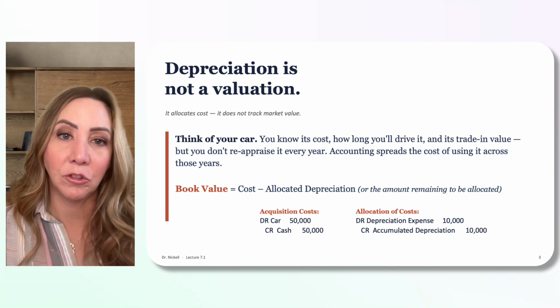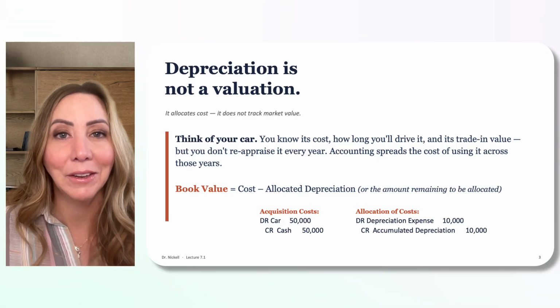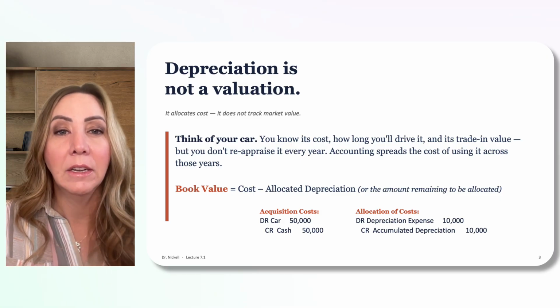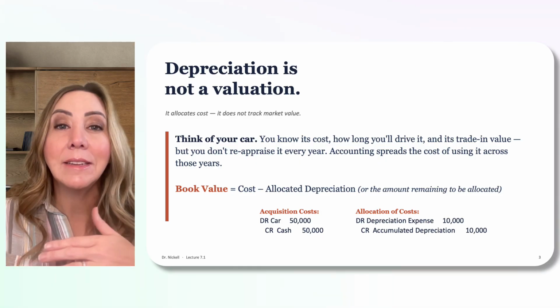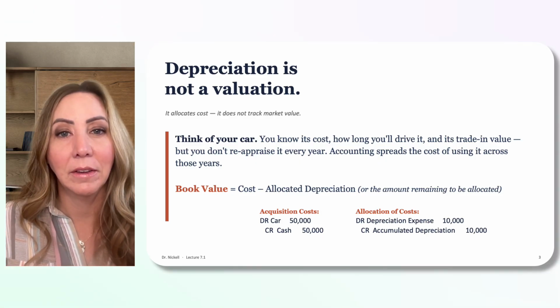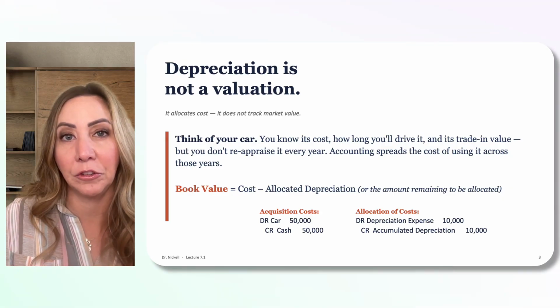We are accounting for the initial transaction, purchasing an asset that we intend to use to make money over the long term. So accounting depreciation takes the total cost of the car, including whatever costs were necessary to get the asset ready for its intended use, and spreads it across the 3 years that you drive it in a simple, systematic way. The journal entry is to debit depreciation expense and credit accumulated depreciation.